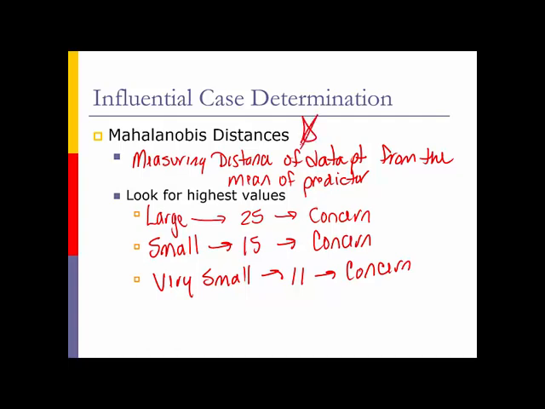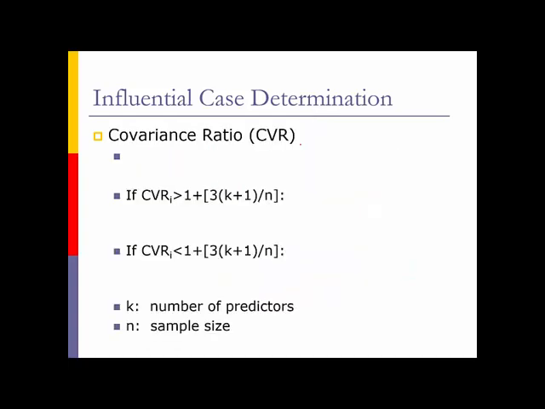So the Mahalanobis distance is number 4 that you can look at. And then the last one is our covariance ratio. So when the ratio is close to 1, that means our data point has no influence.